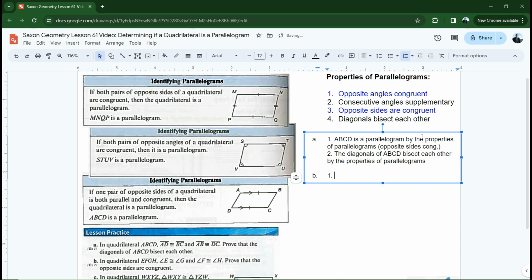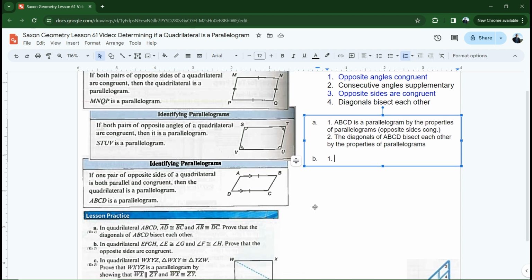All right, letter B. In quadrilateral EFGH, angle E is congruent to angle G, and angle F is congruent to angle H. Prove that the opposite sides are congruent. Okay, so again, I would state my givens first. I have quadrilateral, so given quadrilateral EFGH, the opposite angles are congruent.